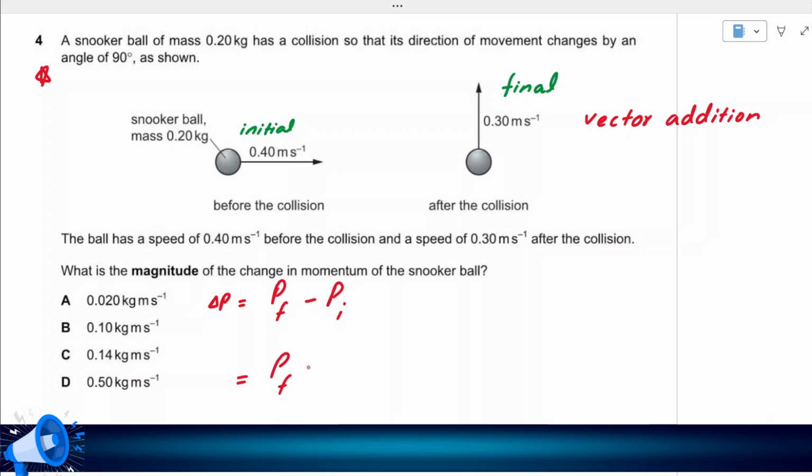So I can write PF minus PI as PF, the final momentum, plus the negative of the initial momentum. So this is my final momentum. The initial momentum was to the right side, but the negative of that one would be to the left side. So this is the final momentum, and my drawing starts from here.